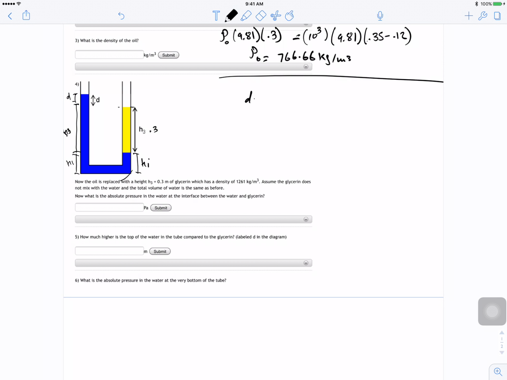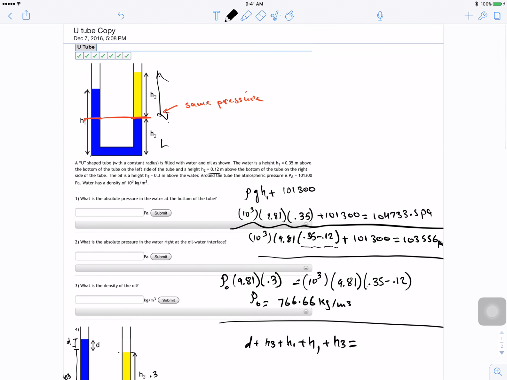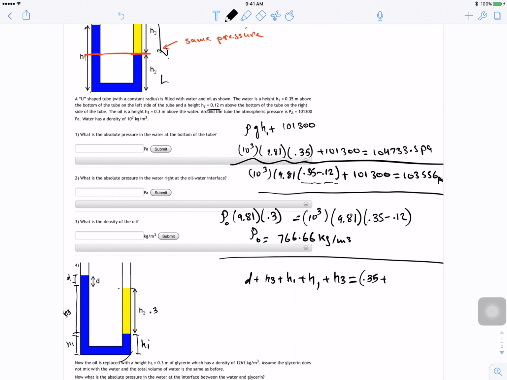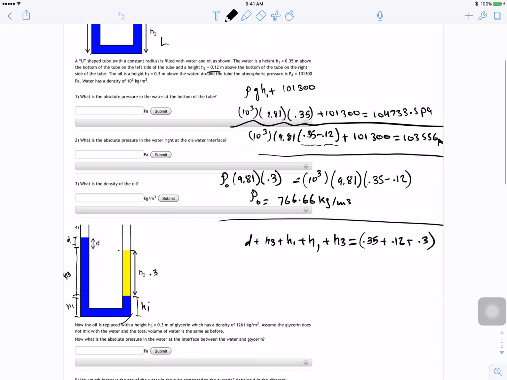So D plus H3 plus H1, where H1 is different than the H1 before, plus another H1 from this side, and then plus H3, is going to be equal to the same thing as in the question before, which is 0.35 plus 0.12 plus 0.3. So the total here comes up to 0.77.